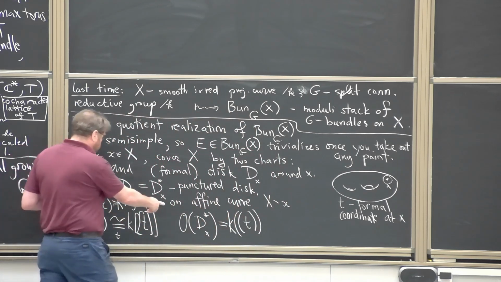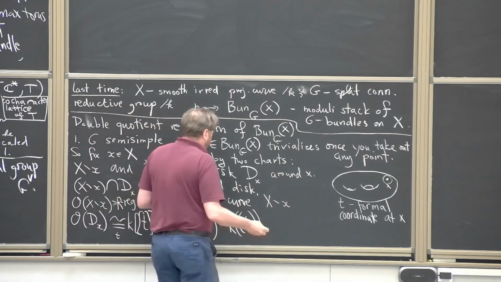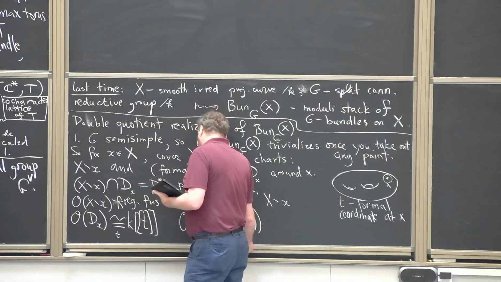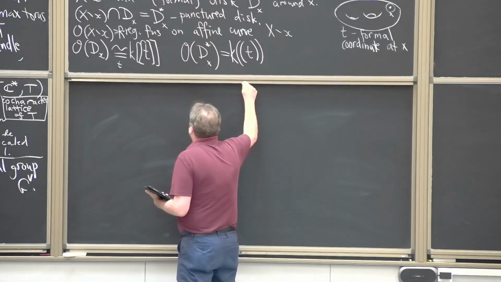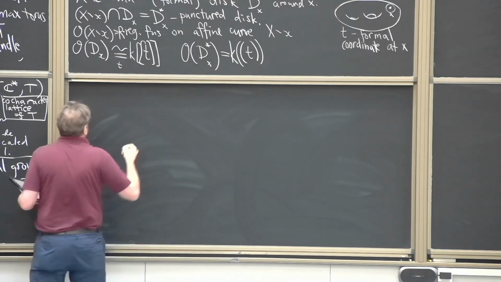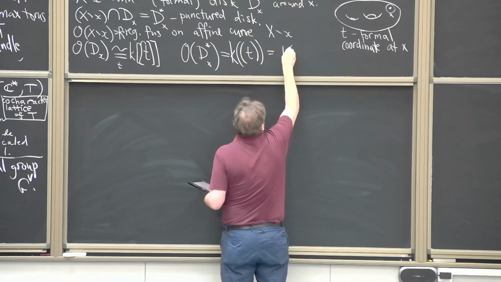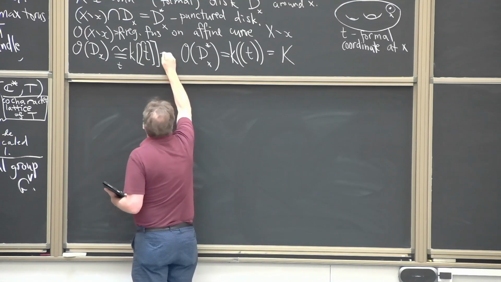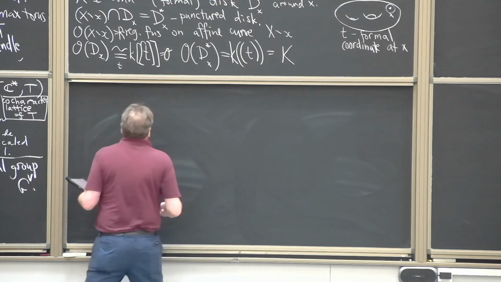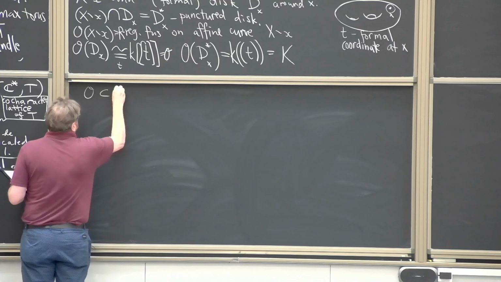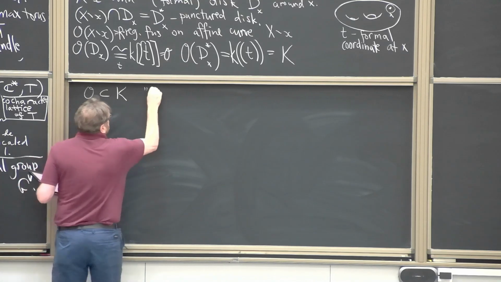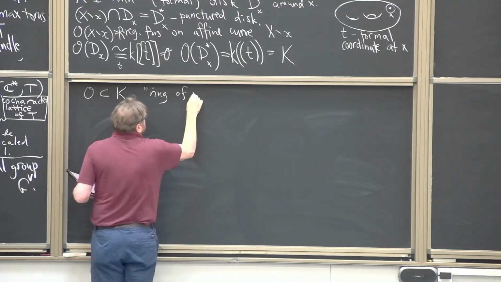The fact that this is intersection means that we should have inclusion of both of these rings inside K of t, inside this field. So this will be called capital K, and this will be called O. And so, of course, O is included in K. So this is, if you like, the ring of integers.